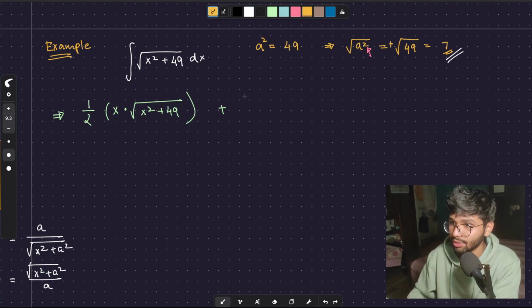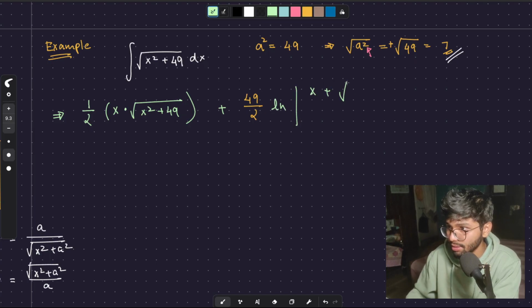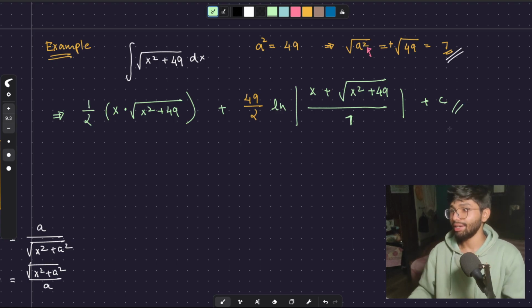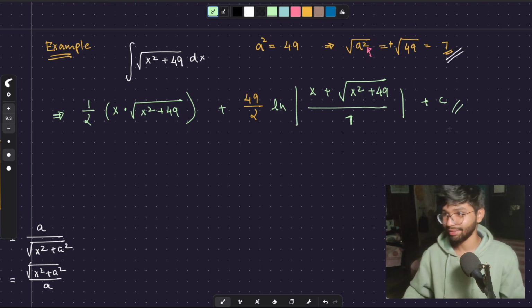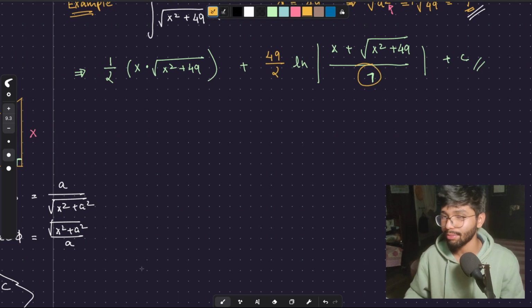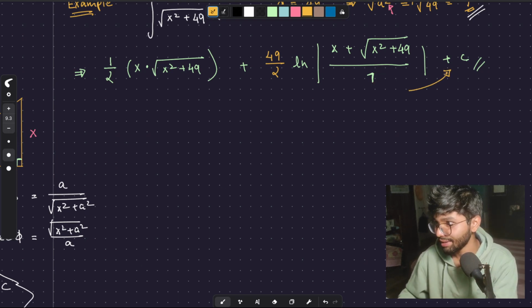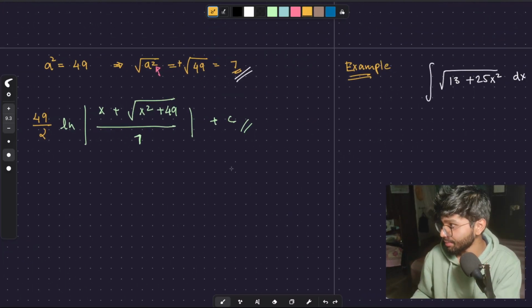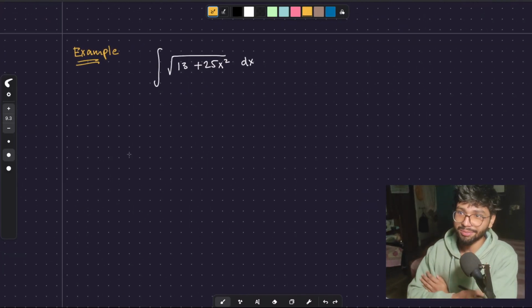So this is going to be just 49 over 2 times natural log of x plus the thing which repeats itself. Not talking about exponentials. And we got 7 over here and plus c. Wow, great. So again, we can choose to omit this part because it's going to be added afterwards anyway. So great. We can move over to this problem.